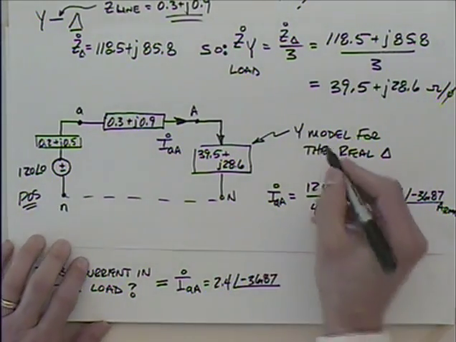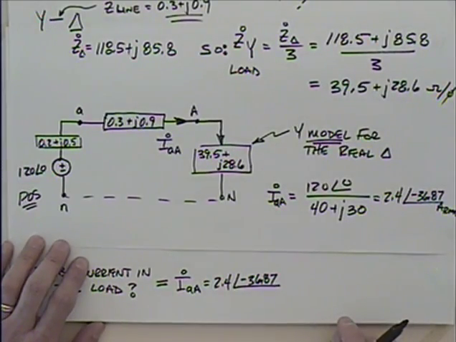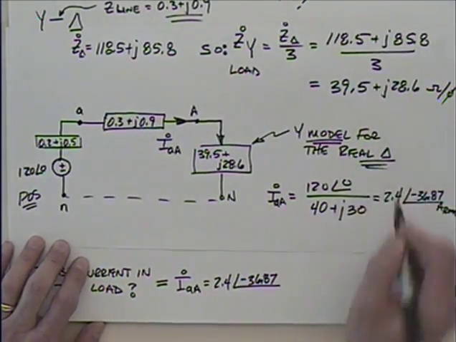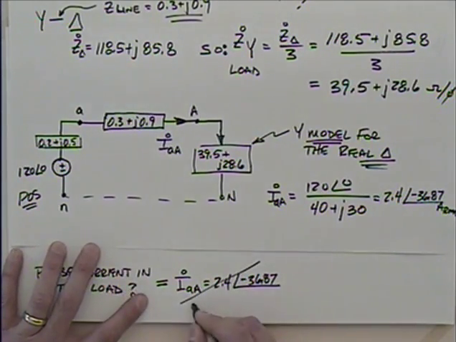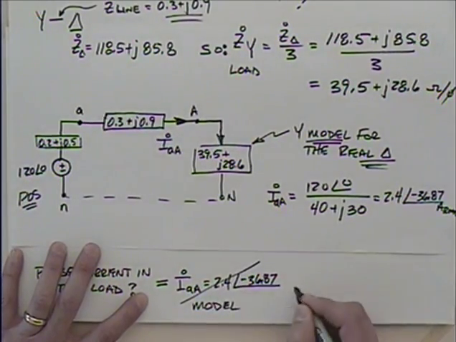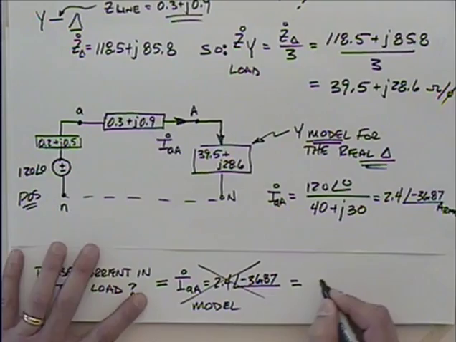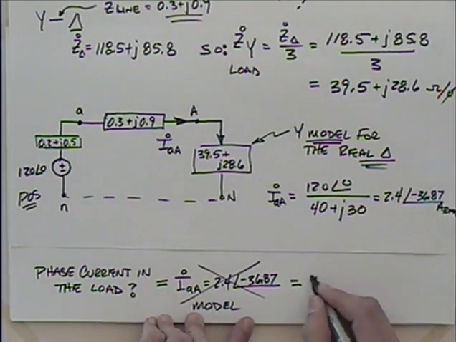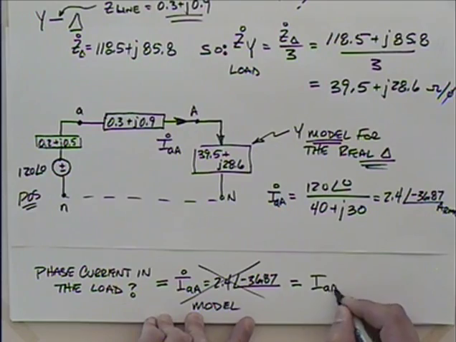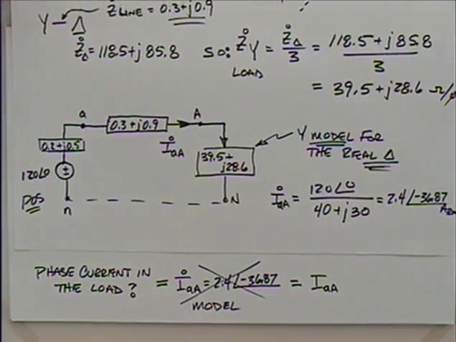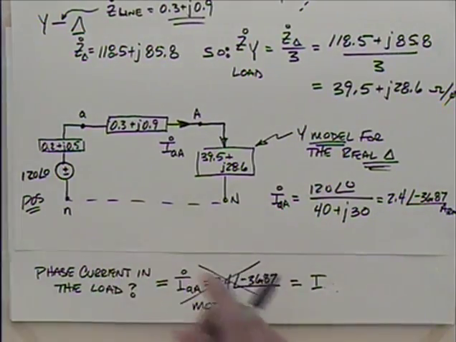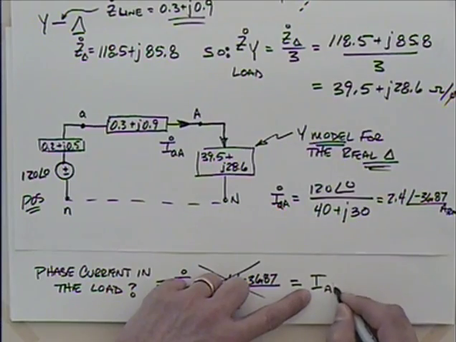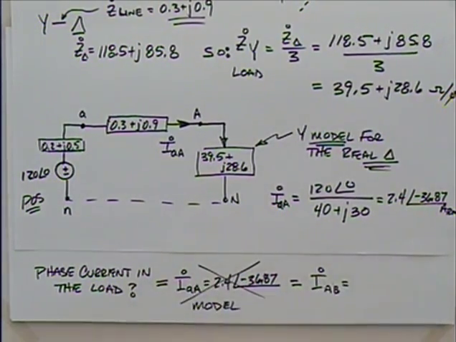Yeah, but this is what? This is a model. What does our real load look like? It's the delta, isn't it? So this is for the model. I got to find it for the delta. So what I really am going to have to find is, let's say, not I little a, I_AB. So I_AB. Okay. So how do I get that?